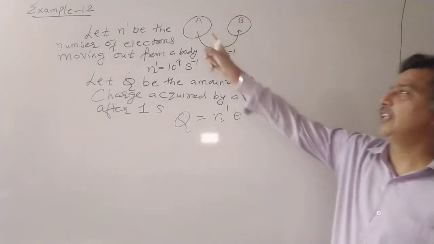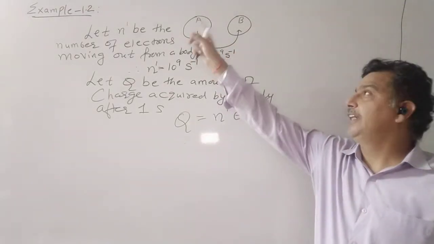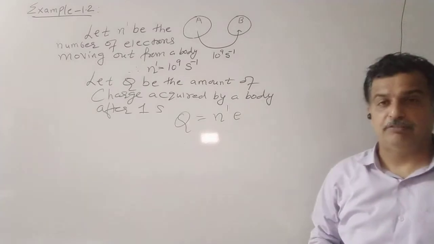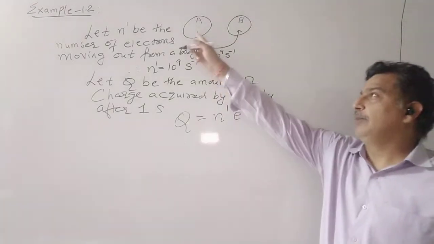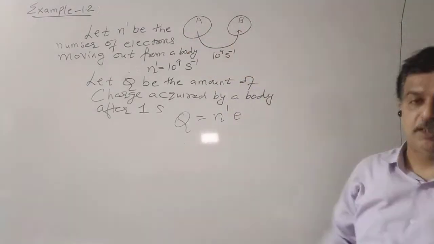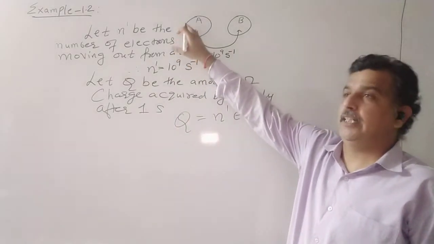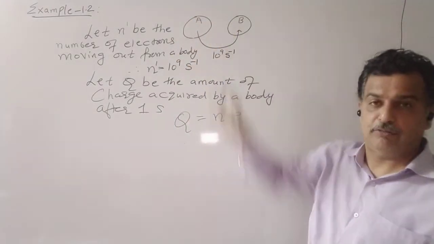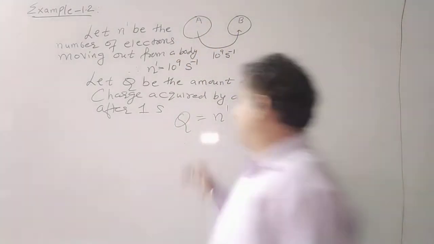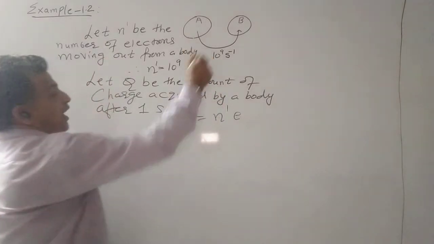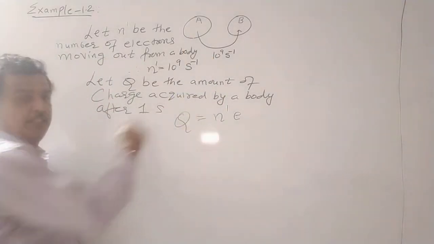Whatever amount of charge this body will gain, that will be the amount of charge of B. This body becomes positively charged, this body becomes negatively charged. So in one case there is a deficiency of electrons, in the other there is excess of electrons. So we are finding out the charge acquired by a body after 1 second.